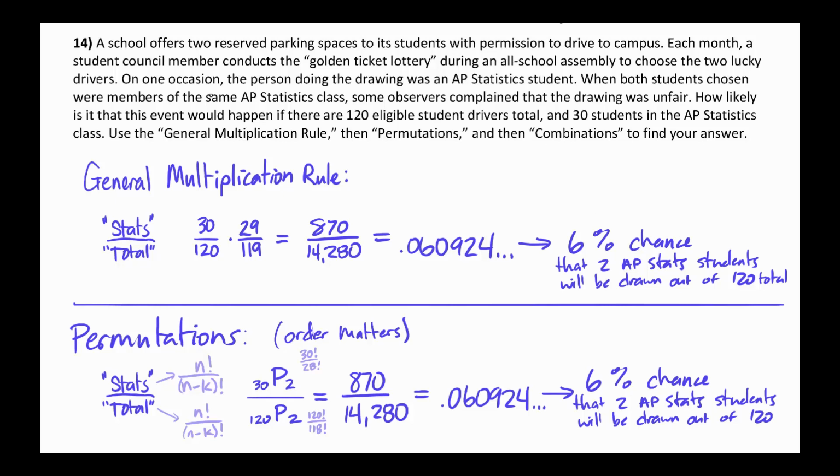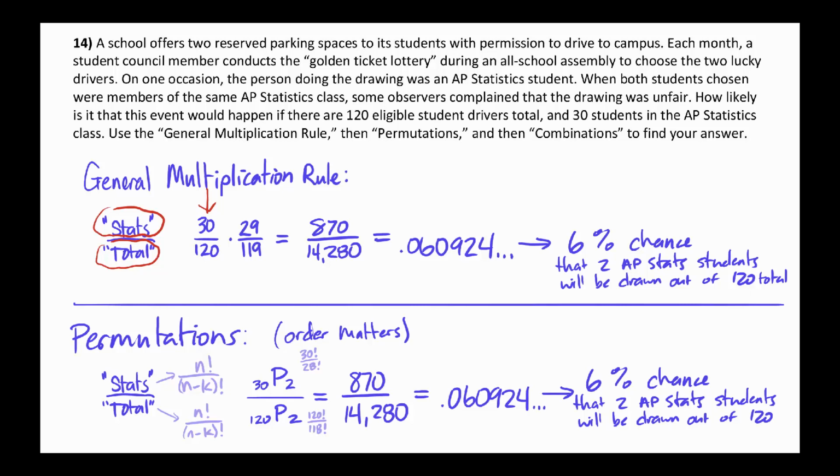The first method is the general multiplication rule. In order to find this, we need to figure out what the odds are of them being in the stats class out of the total. If we are thinking through this drawing as a series of 2 stages, the first time you are drawing a name from that hat, there are 30 possible students that you could draw out of 120.